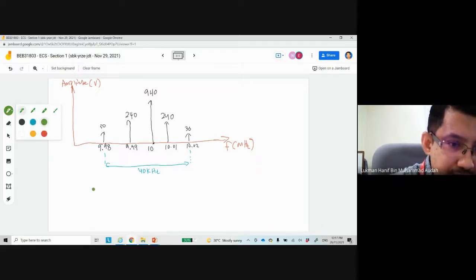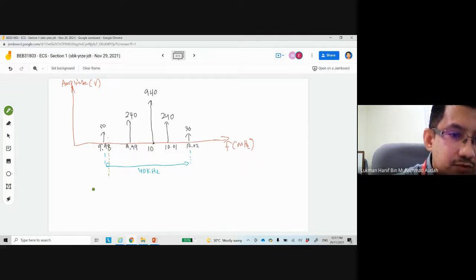So if 99%, that means it is somewhere over here where this is smaller.